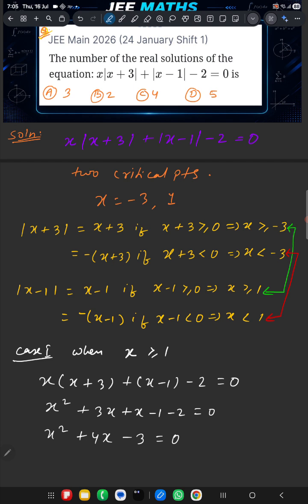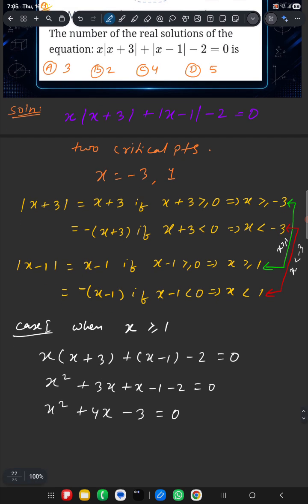Here you can write it if you understand: we are taking x ≥ 1 for this case, and x < −3 for the other case. So the first case we are discussing.